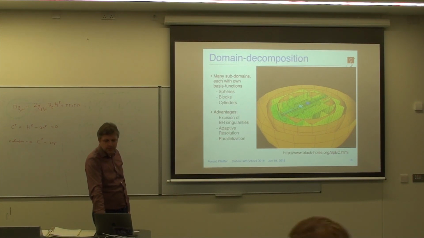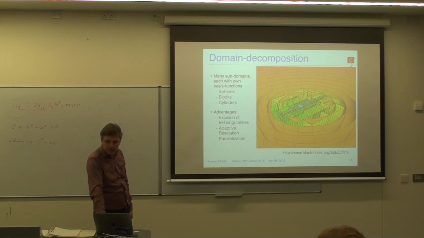And that way we can scale to about 50 or 60 cores or so. When we began writing SpEC 15 years ago, we thought this is plenty of parallelization, we don't need to worry about more. In the meantime, this has become one of the big limitations, that we can't parallelize SpEC better, and that therefore the simulations take longer than we could wish.